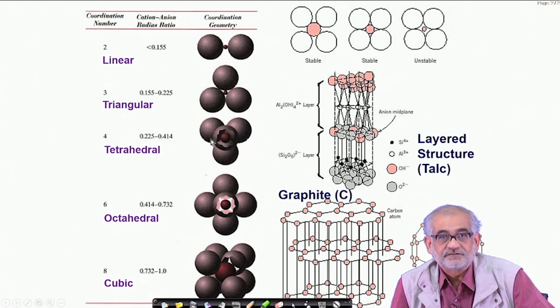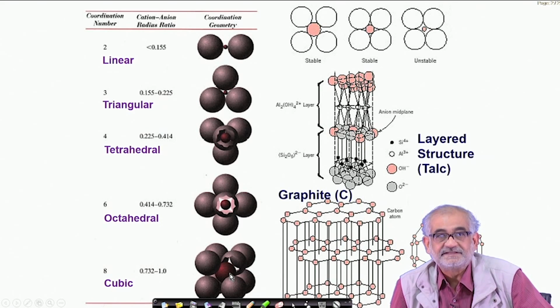We can think of a situation where four similar-sized spheres can accommodate a smaller species in the middle, in their centroidal position, and that's what gives a tetrahedral coordination to the smaller atom in between. Or we can have an octahedral, where we have 6 nearest neighbors, or a cubic coordination where we have 8 neighbors. So this is essentially another way of looking at the structures without going into three-dimensional periodicity.